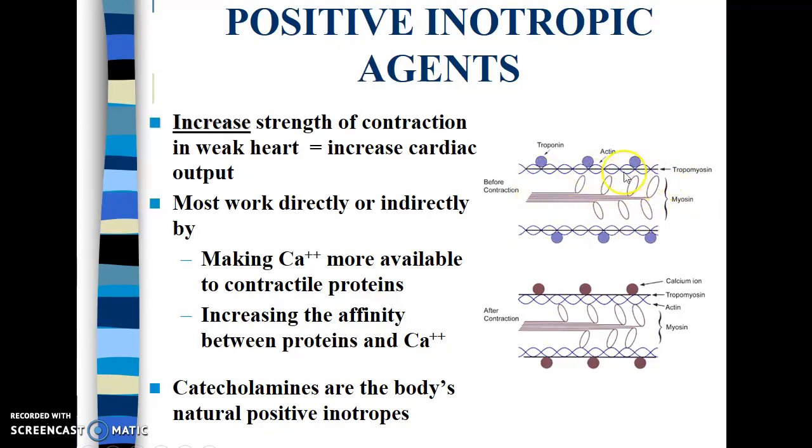If you remember the myosin and the actin, and calcium is part of this in making that contraction work. So they are going to increase that strength of contraction on a very small level, on the cellular level, and increase that heart contraction overall.